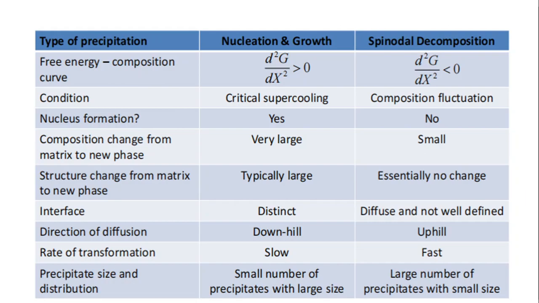Direction of diffusion is downhill in the case of nucleation and growth type of transformation, whereas in spinodal decomposition it is uphill. Rate of transformation is slow in nucleation and growth kinetics, and it is fast in spinodal decomposition. In nucleation and growth, a small number of precipitates with large size are formed.